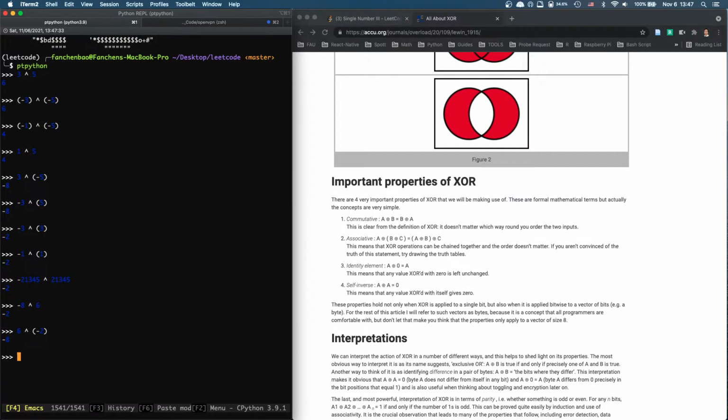So A exclusive or minus A exclusive or 6 is minus 8. How does that help? I don't know. Come on, man. Oh, what was the trick?